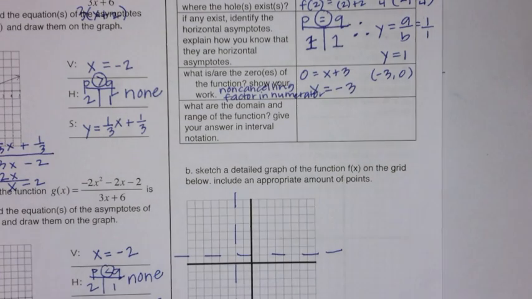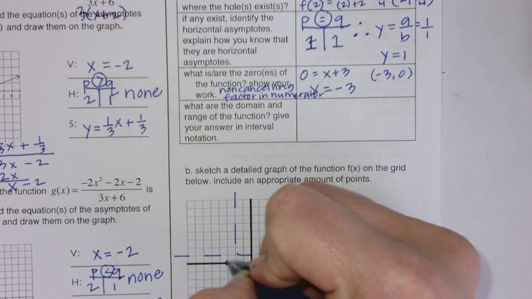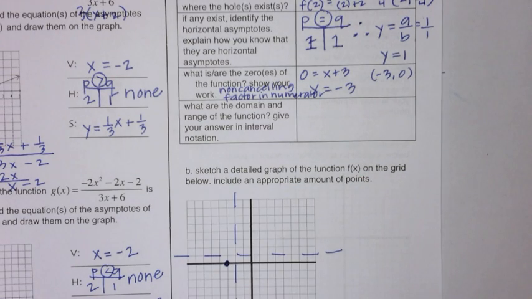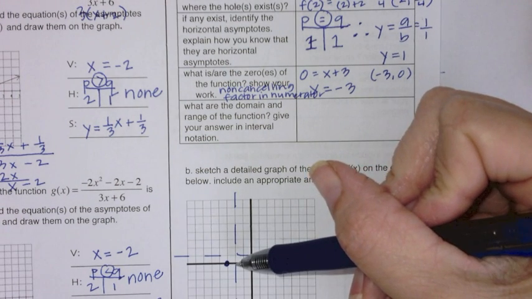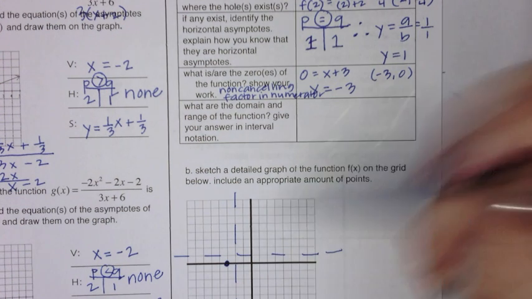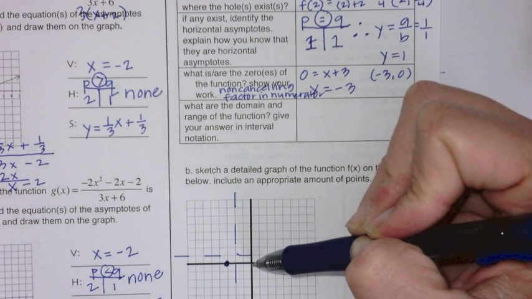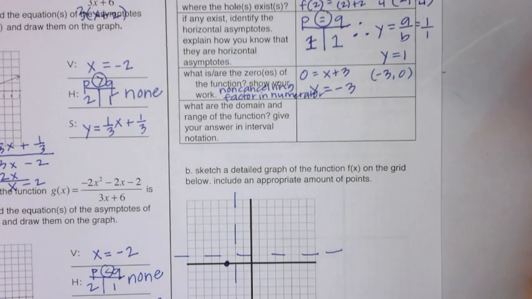Then I have negative 3, 0, right there, that is my x-intercept. I want to point out something just rather quickly for you guys. Sometimes I start counting from an asymptote instead of the y-axis, which isn't right. You should definitely be counting from 0, 0. So if you're ever noticing that your graph seems off, just check that.